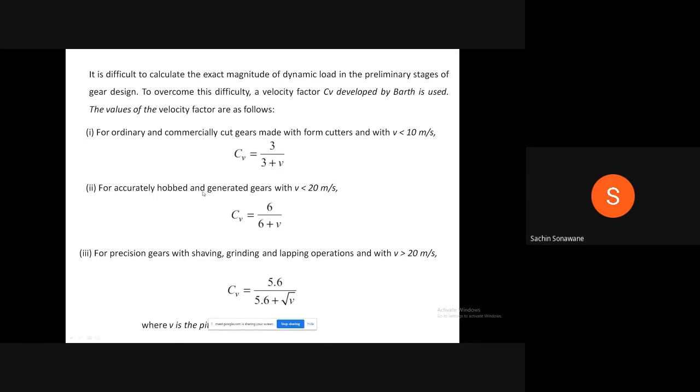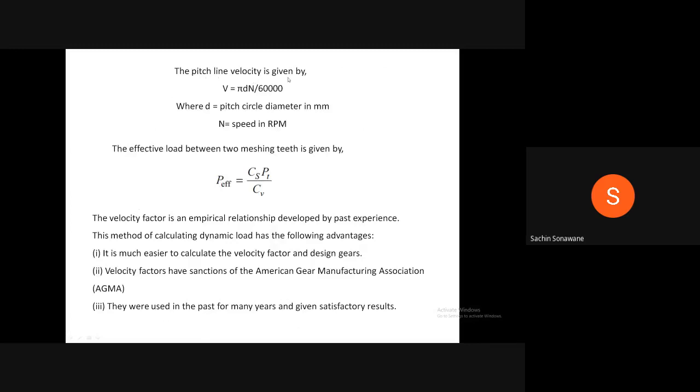For accurately hobbed and generated gears with V less than 20 meter per second, Cv is equal to 6 divided by 6 plus V. And third, for precision gears with shaving, grinding and lapping operations and with V greater than 20 meter per second, Cv is equal to 5.6 divided by 5.6 plus root V. Therefore, the pitch line velocity is given by V is equal to pi d n upon 60,000, where d is pitch circle diameter in millimeter, n is speed in rpm.